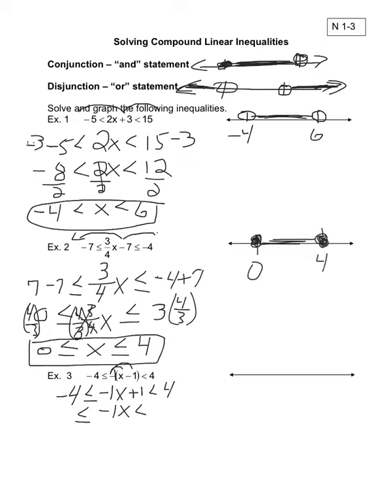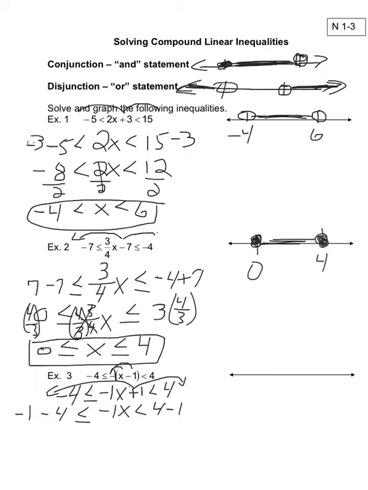What was already on the ends? -4 and 4. We agree? Okay, what was in there with that -1x that I have to get out of there? That +1. It has to cross the bridge of life both ways. And so +1 becomes a -1.